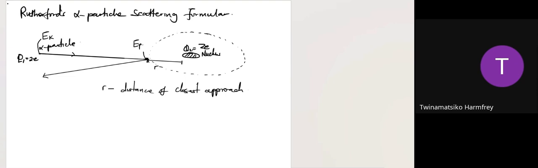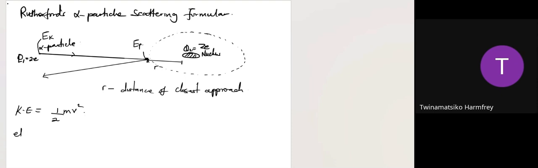The kinetic energy of the particle is decreasing, and then the particle will momentarily stop. At that stopping point, we are going to have the kinetic energy being equal to the electrostatic potential energy. The kinetic energy is equal to 1/2 mv squared, where v is the speed of the alpha particle before collision.